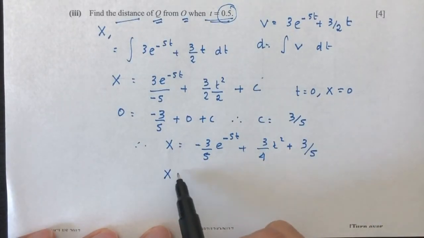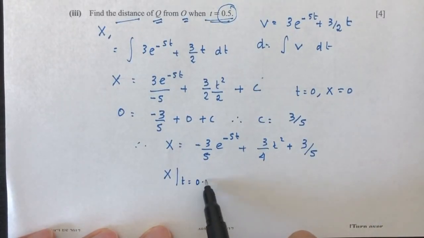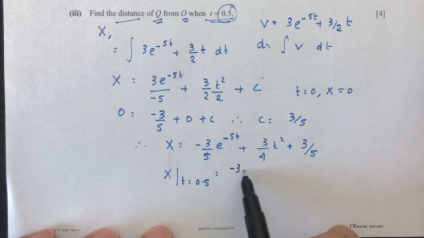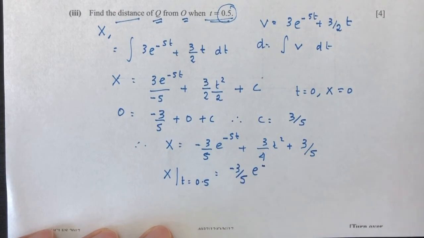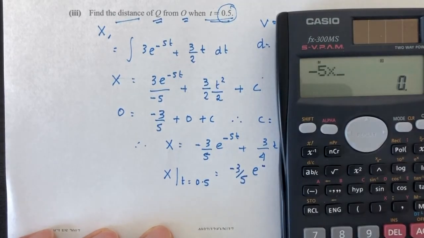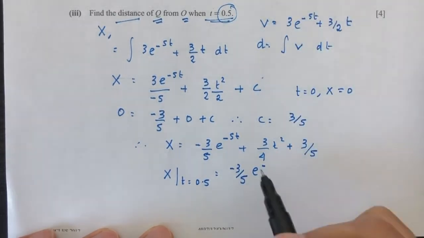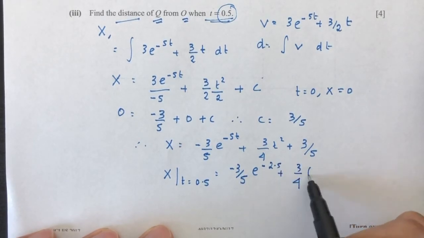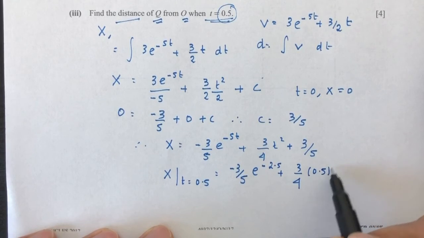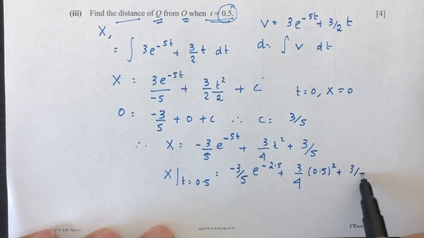So let's do that. At t equals 0.5, it will be -3 over 5 e to the power of -5 times 0.5, which is -2.5, plus 3 over 4 times 0.5 squared plus 3 over 5.